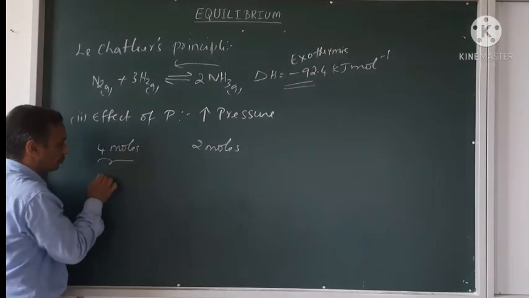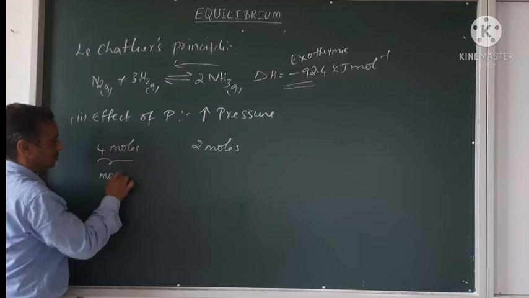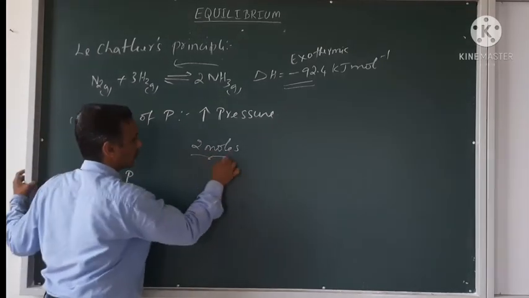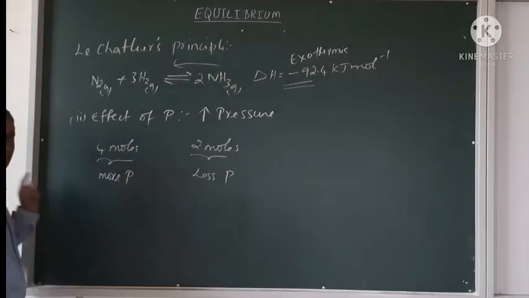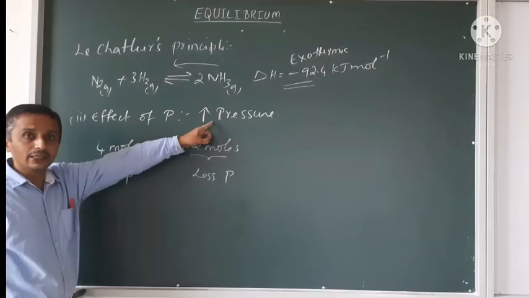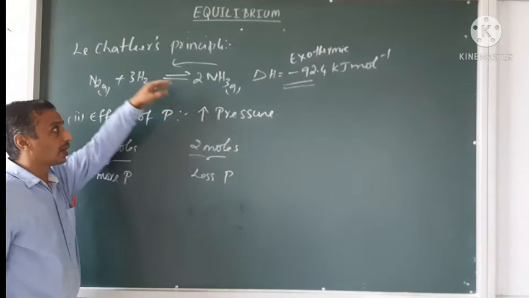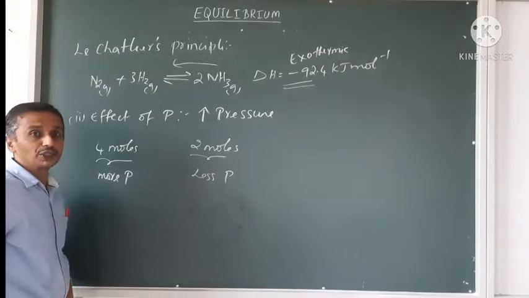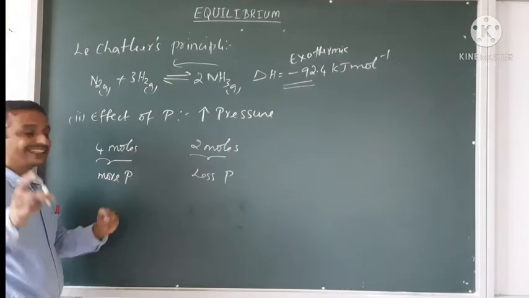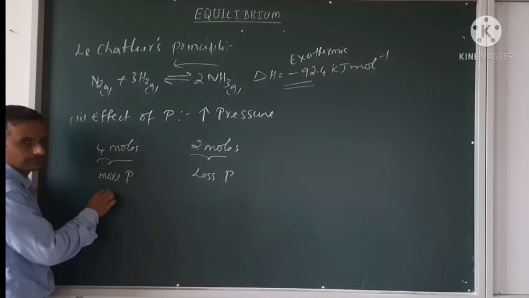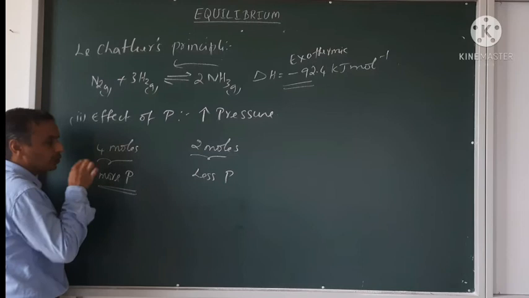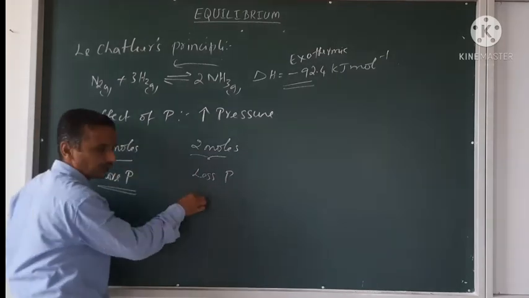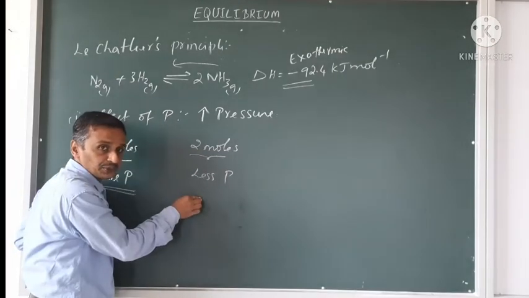Definitely 4 moles will produce the more pressure, whereas 2 moles will produce the less pressure. And I increase that pressure. Now the reaction tries to decrease the pressure by decreasing the number of moles. Again, 4 moles will produce the more pressure, 2 moles will produce the less pressure.